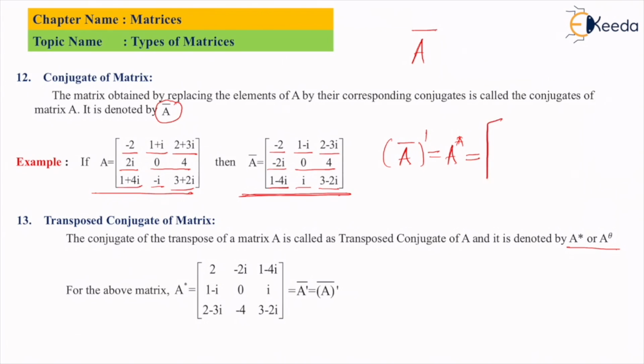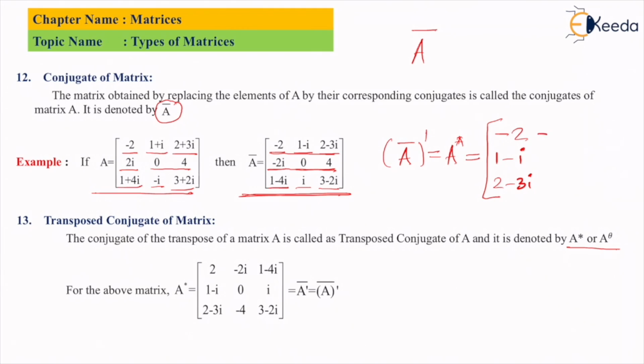So let's see what will be the transpose of that matrix. To find the transpose we interchange rows with columns. The first row is minus 2, 1 minus i and 2 minus 3i. That will become the first column. Similarly, the second row is minus 2i, 0, 4.